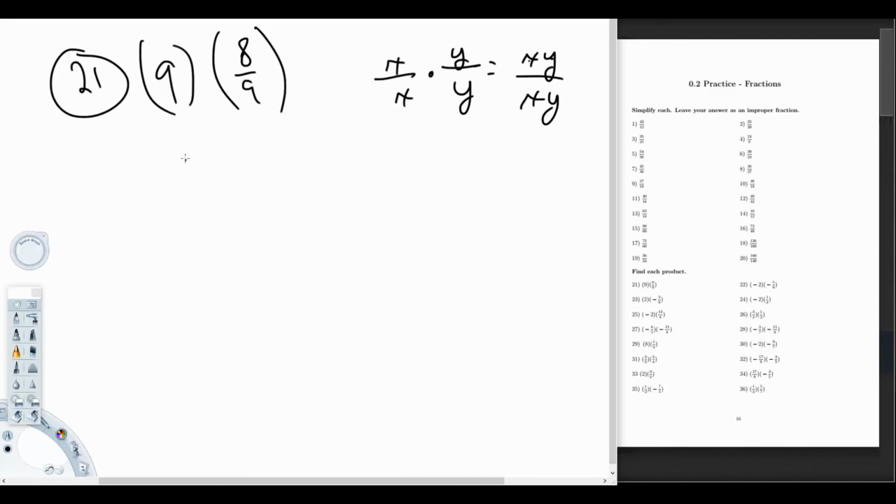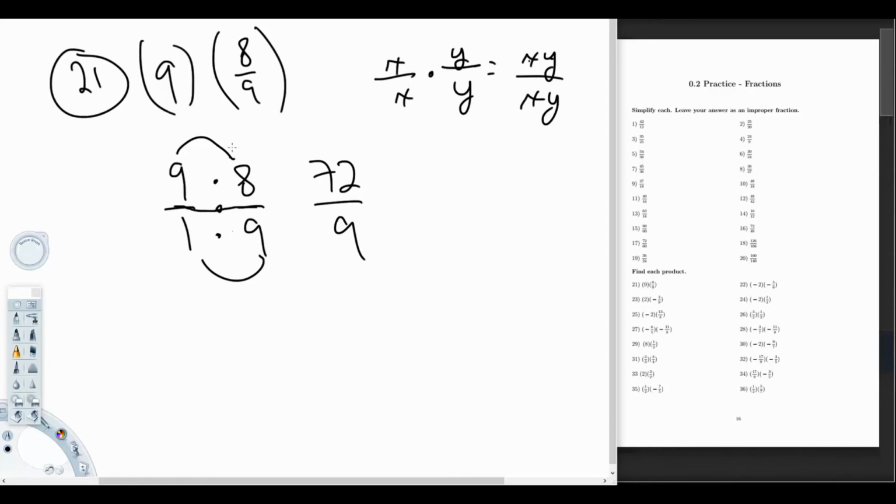So 9 over 1 multiplied by 8 over 9. If we multiply these two, we get 72 over 9. But we mentioned in the lecture that when you're multiplying, what you're really doing is putting a line here and you're saying these two things are multiplied. And if you can cancel right away before multiplying, you can do it. So can you cancel 8 and 9? Not really. Can you cancel 9 and 9?